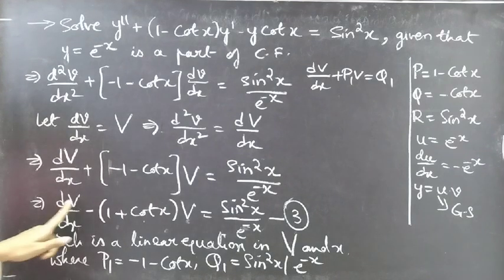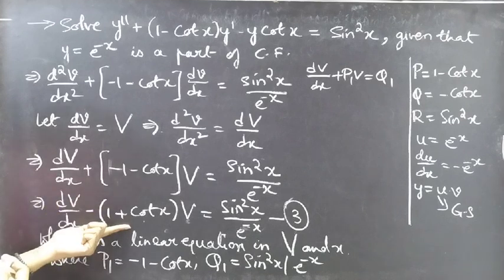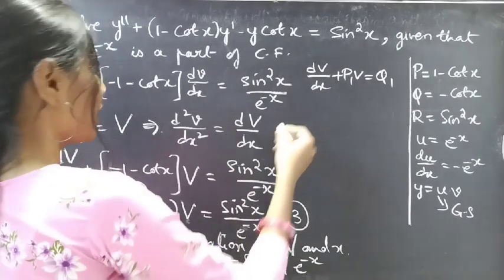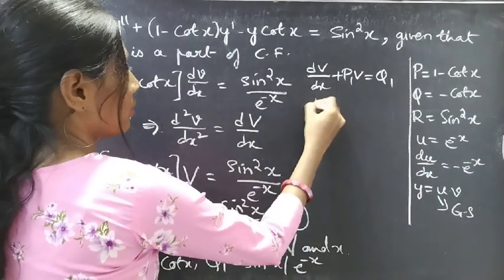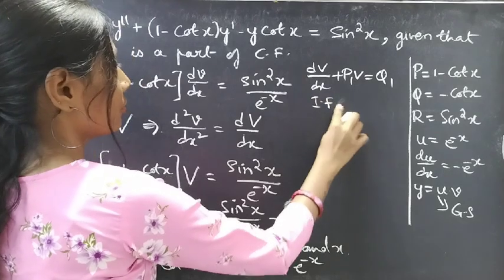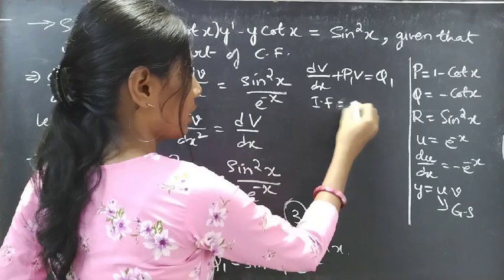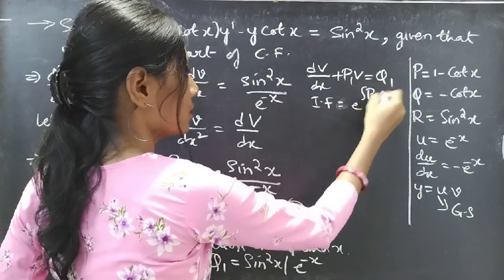So we'll find capital V using the general solution of this linear equation. We know that the integrating factor of the standard form of linear equation is given by e power integral P1 dx.